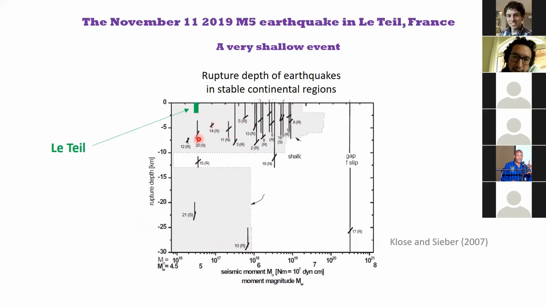And the dip angle is shown by these oblique little segments here. The Teil earthquake is plotted here in green. You can see that compared to all other earthquakes of magnitude 5, it is surprisingly shallow. Generally, earthquakes that reach the surface are magnitude 6-ish.